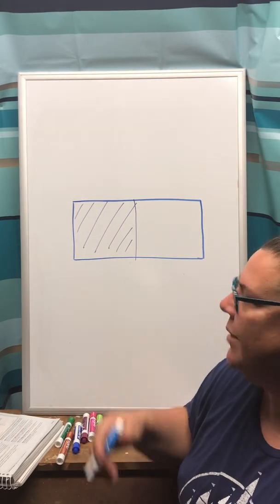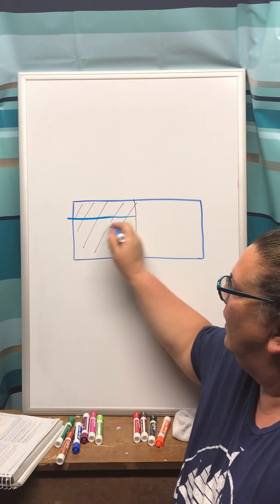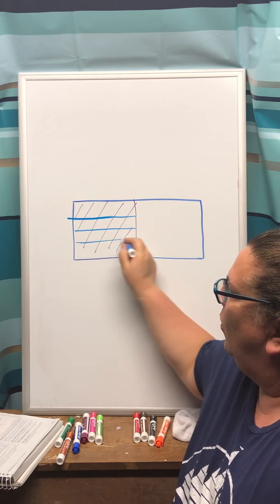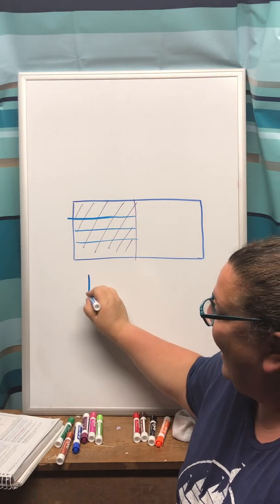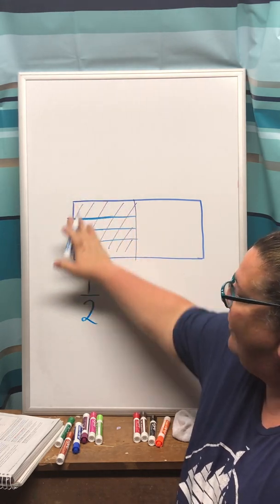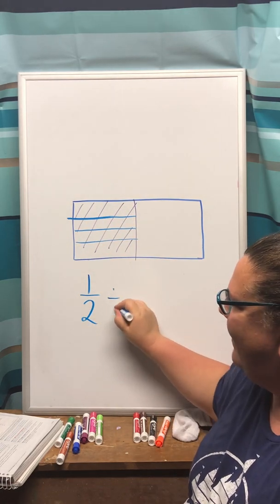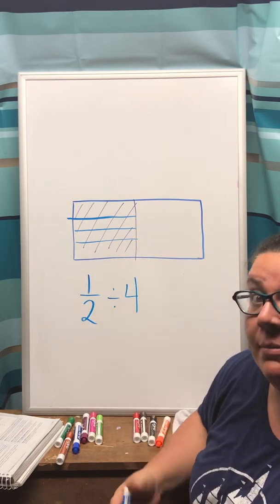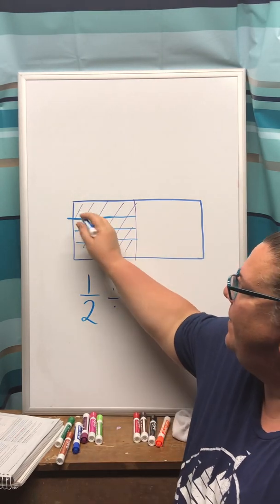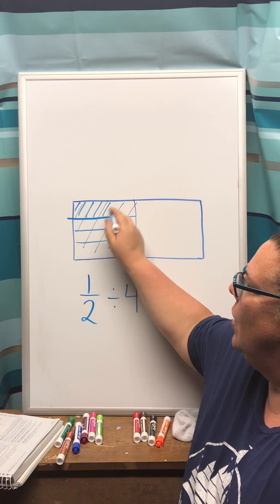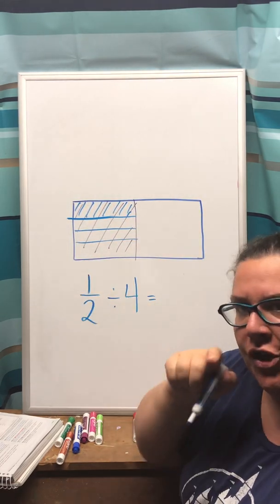If you're doing a picture, I'm cutting what I have into 4 pieces. It's the half that I have out of the whole, but this time I'm splitting between 4 people, and they want to know what 1 piece is when I look at the whole cornbread that was originally there.